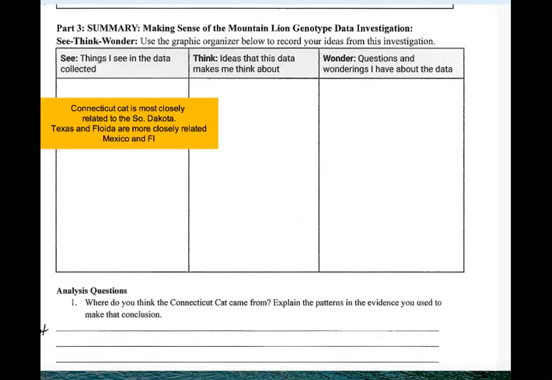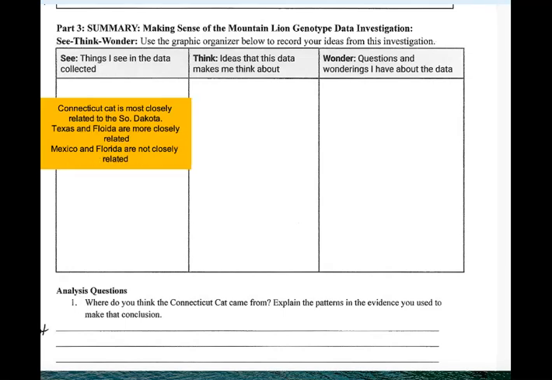Mexico and Florida are not closely related. These are things that we already stated. I'm trying to get that to fit in the box, so to speak. Okay, those are some things that we see in the data that we collected.